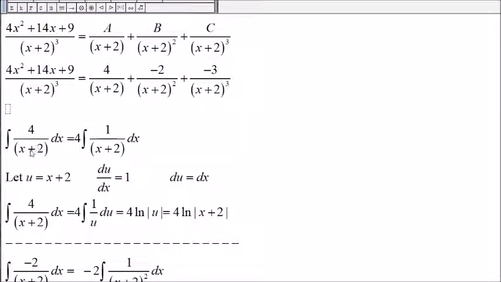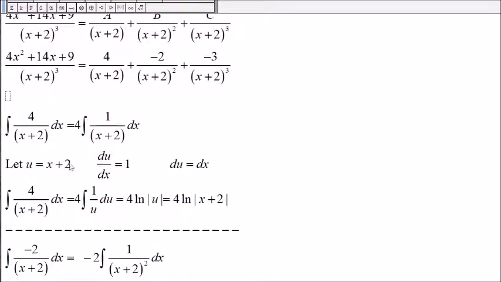The integral of 4 over x plus 2 is 4 times the integral of 1 over x plus 2. Let u be x plus 2. du dx is 1, so du is dx. And so now we have 4, and then this is u, so it's 1 over u. dx is just du.